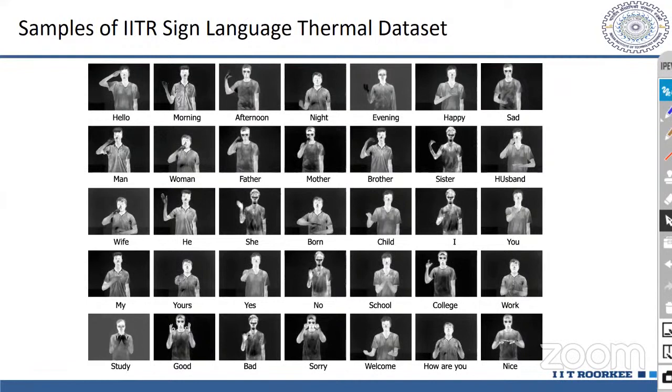Apply the same machine learning and deep learning algorithms, but your data set is completely different. You are using your individual language data set, whereas what I have shown used the available American, German or Argentinian sign language. So you can think of the Indian scenario.